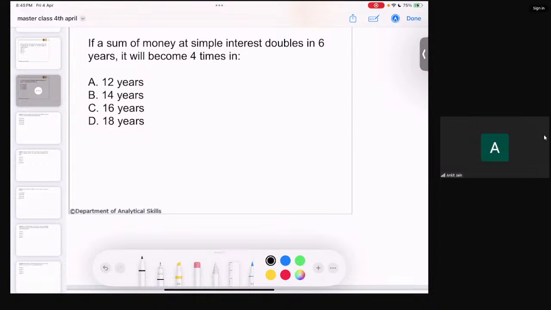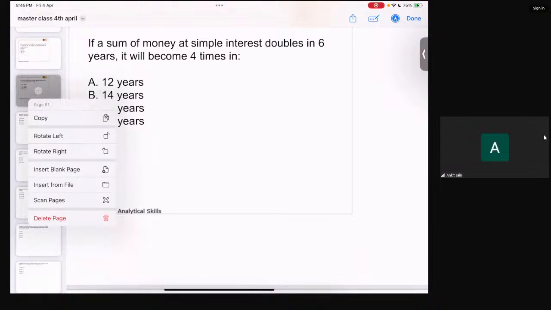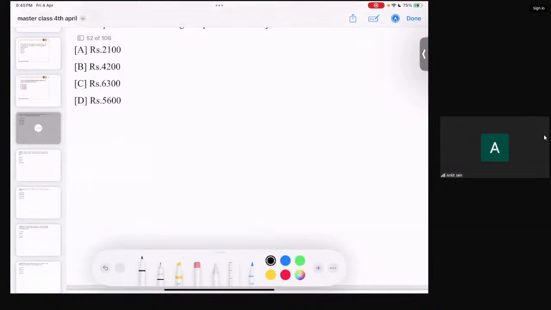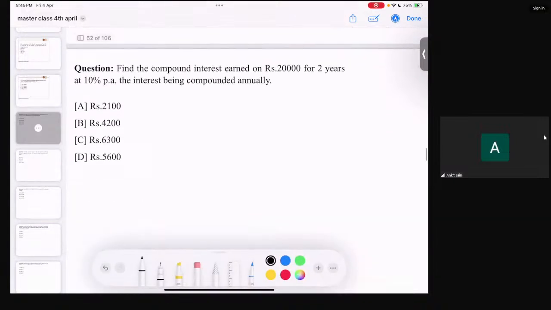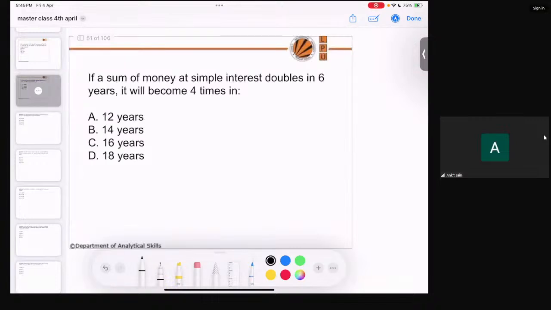A money doubles in 6 years. So in how many years it becomes 4 times? In case of simple interest, remember, the interest remains same.